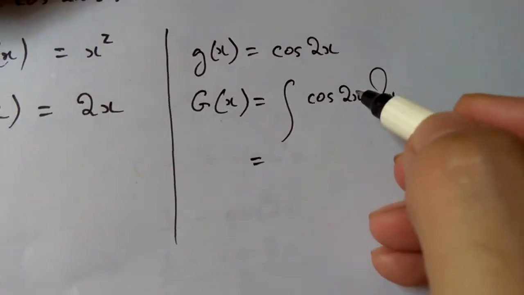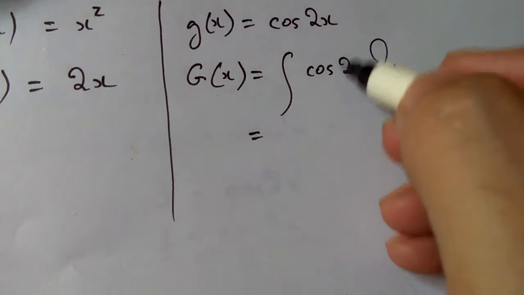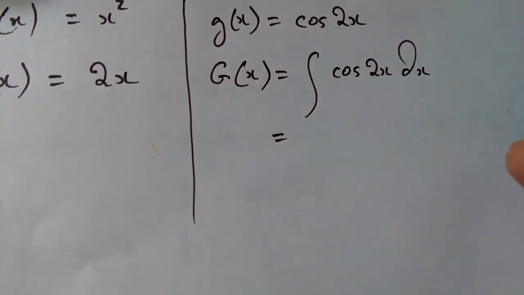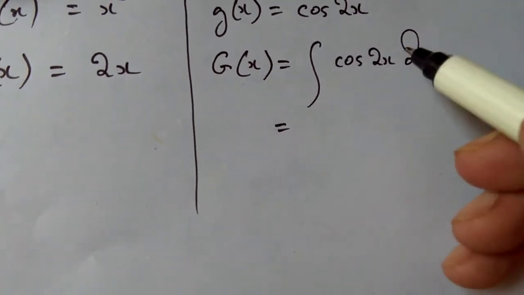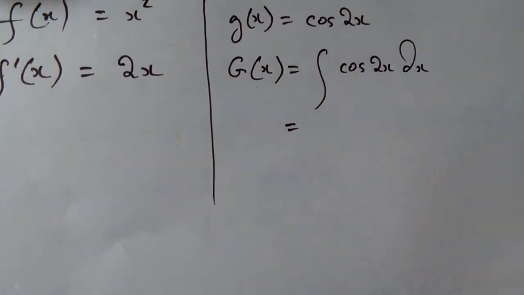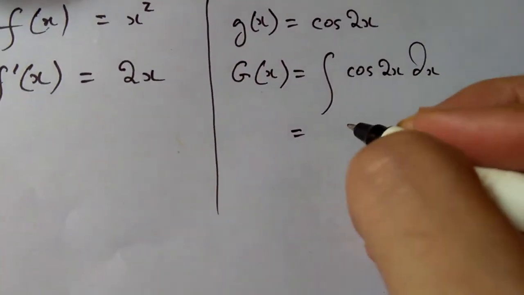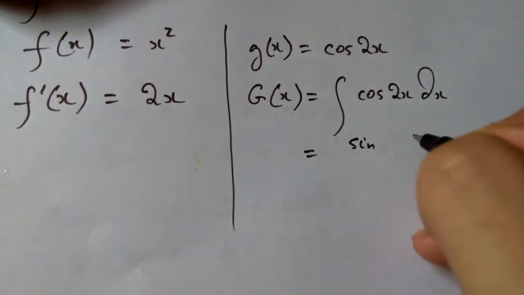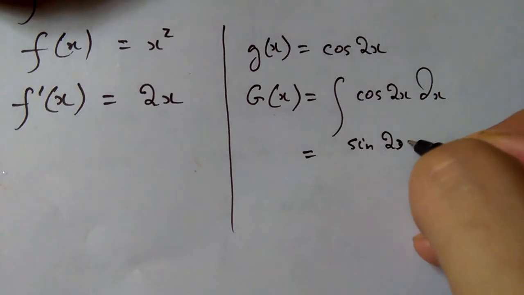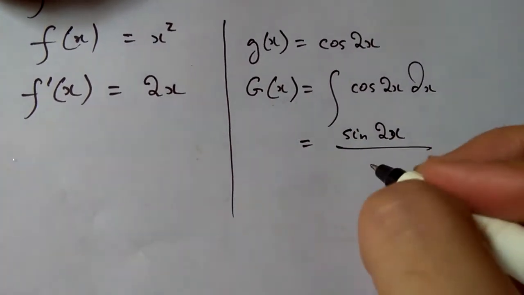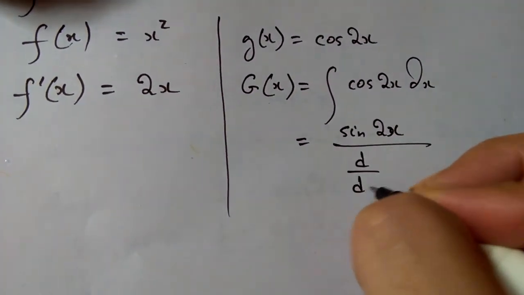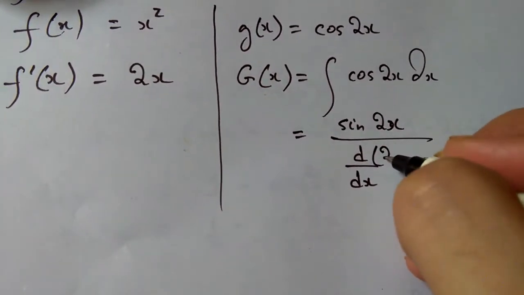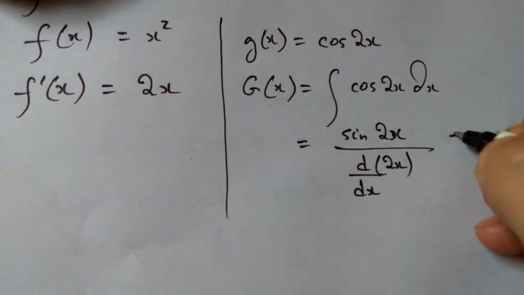Though I can apply the substitution process here, substituting 2x by u and then doing the integration, I can also do the simple integration directly, taking in the denominator the derivative of this angle of cosine as some constant.